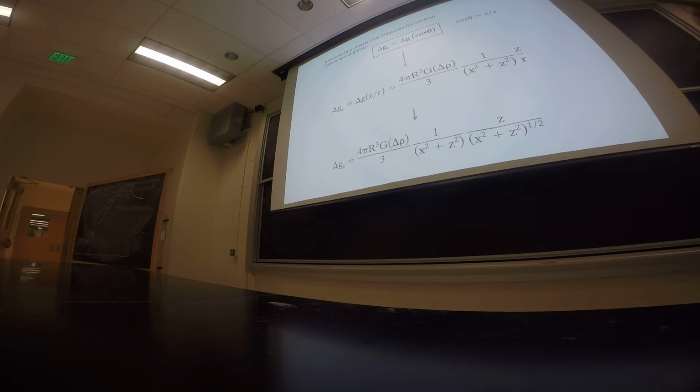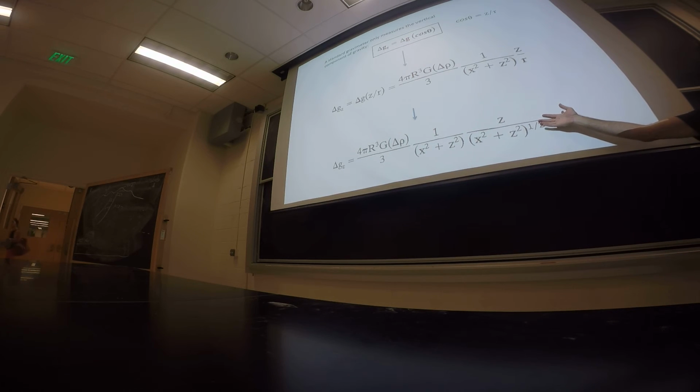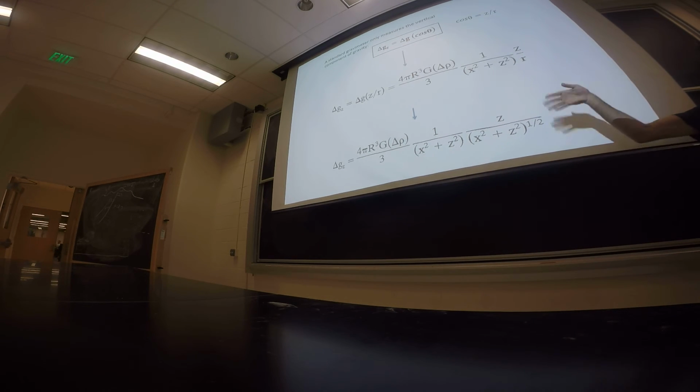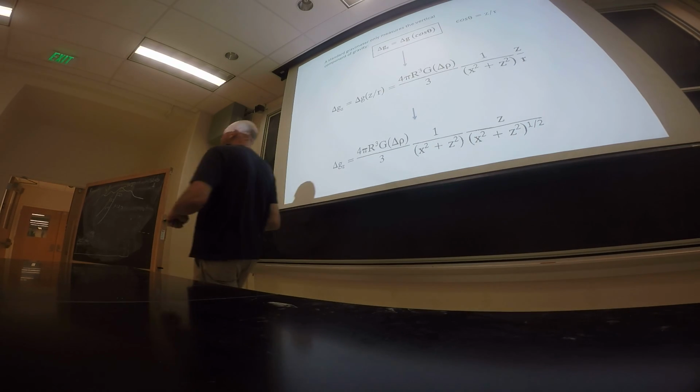So you're basically pixelating, just like you would in a digital image, you're pixelating a density model. And then you're simply using a buried sphere formula and adding up the response of all those pixelated positions. So let's think about that as a general process.